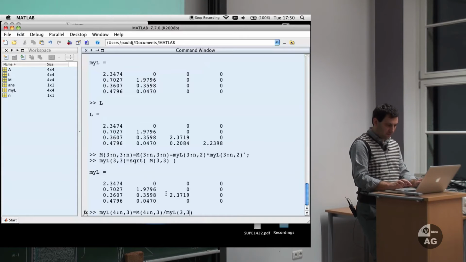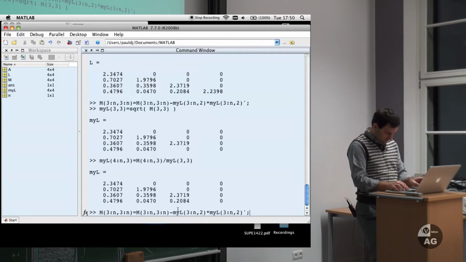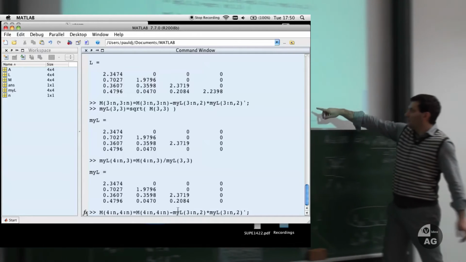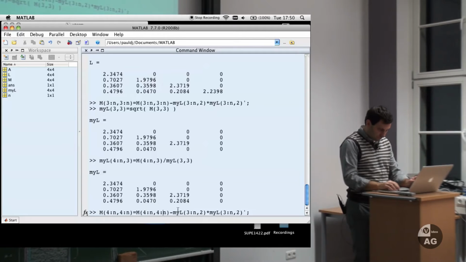Just dividing. We're still pretty good. And now I have to take this object, multiply. So I have now to update only the bottom right element of the matrix M.